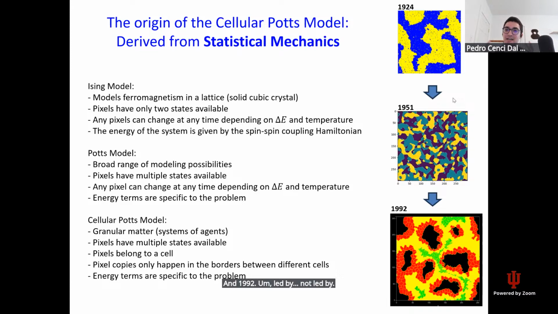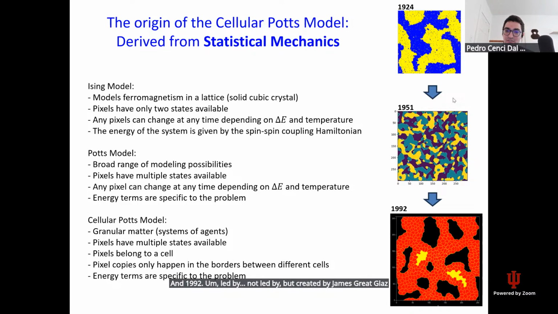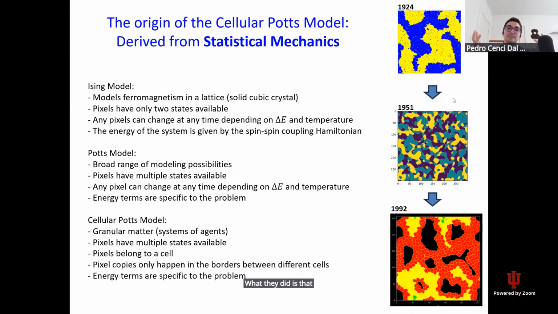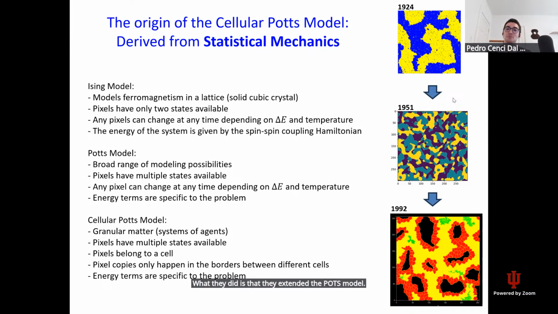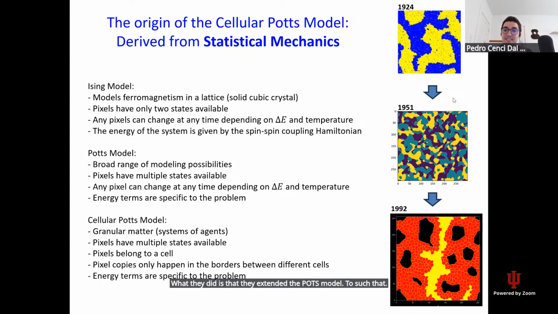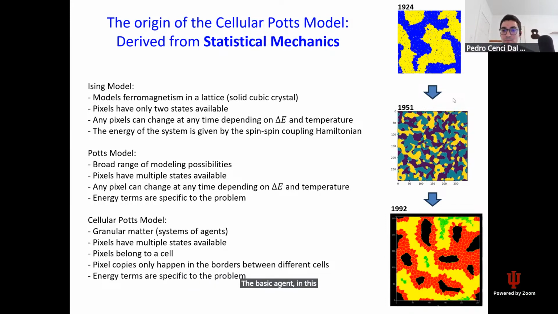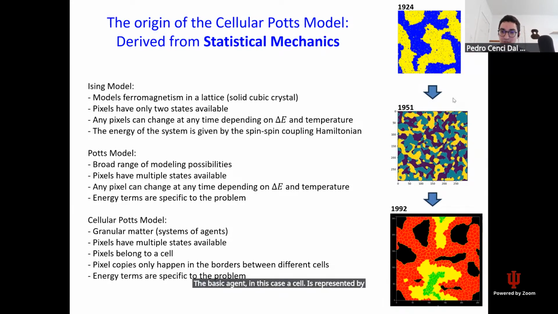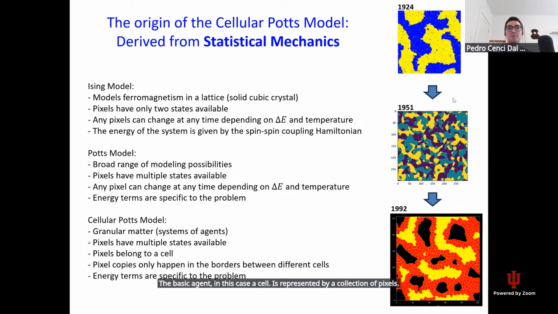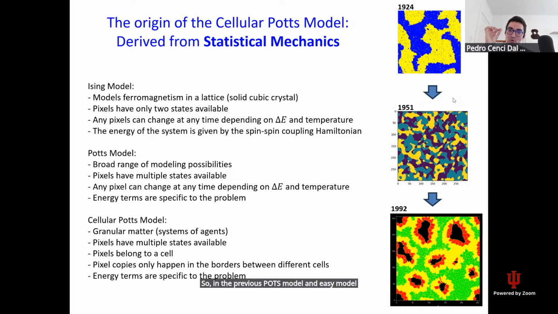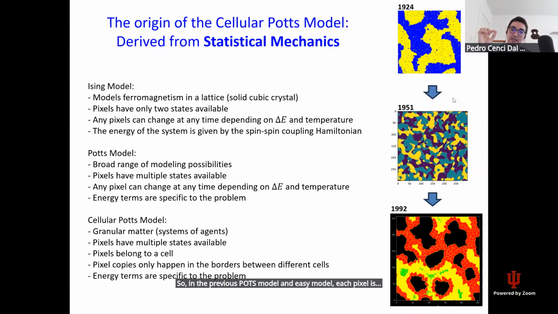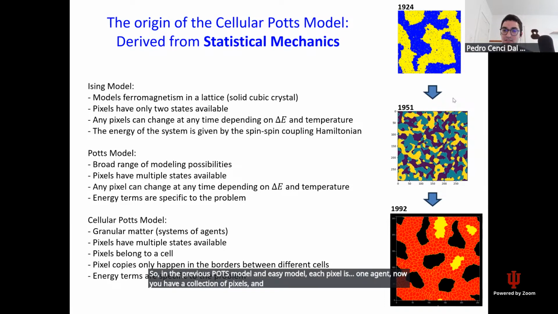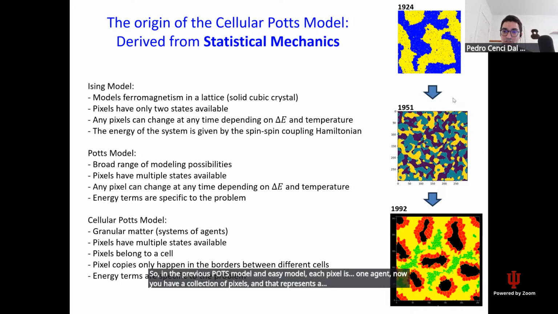And in 1992, created by James Glazier, who is here with us today, and François Graner, what they did is extend the Potts model such that the basic agent, in this case a cell, is represented by a collection of pixels. So in the previous Potts model and Ising model, each pixel is one agent. Now you have a collection of pixels, and that represents an agent.